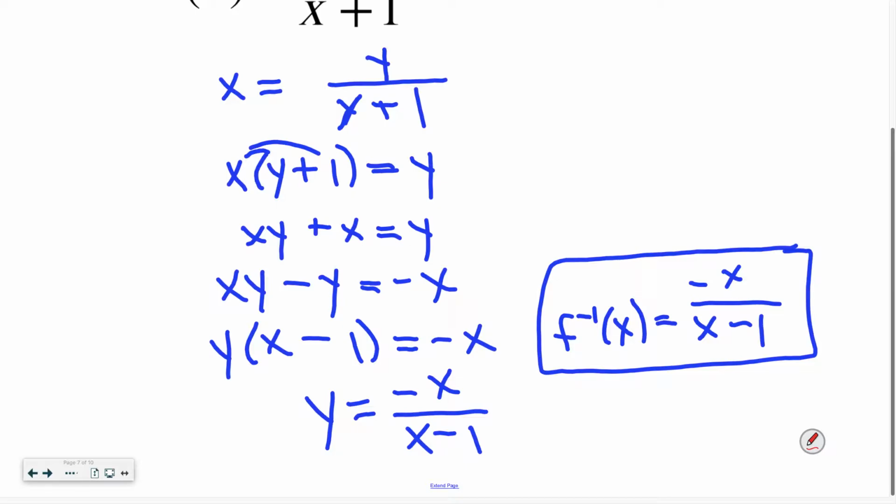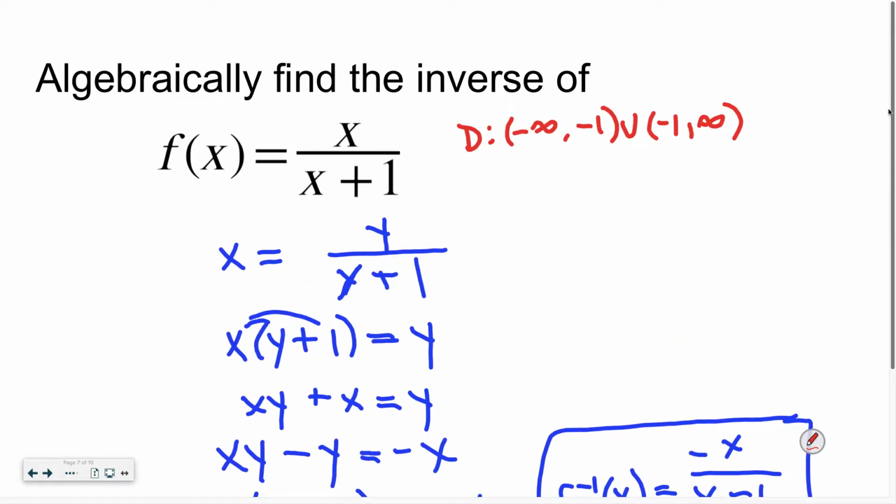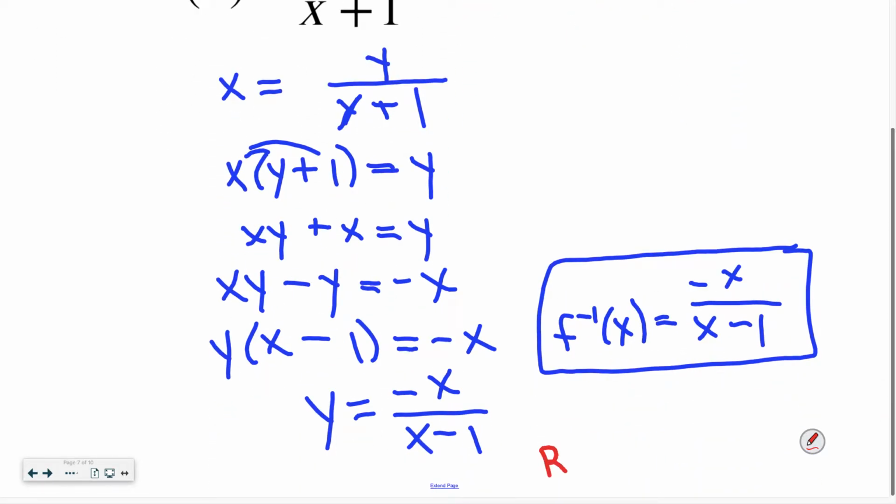Close. Now we identified this to be the domain of our original, which means we know the inverse is the range. So we're going to write it down. The original's domain becomes the inverse's range. Domain becomes range.